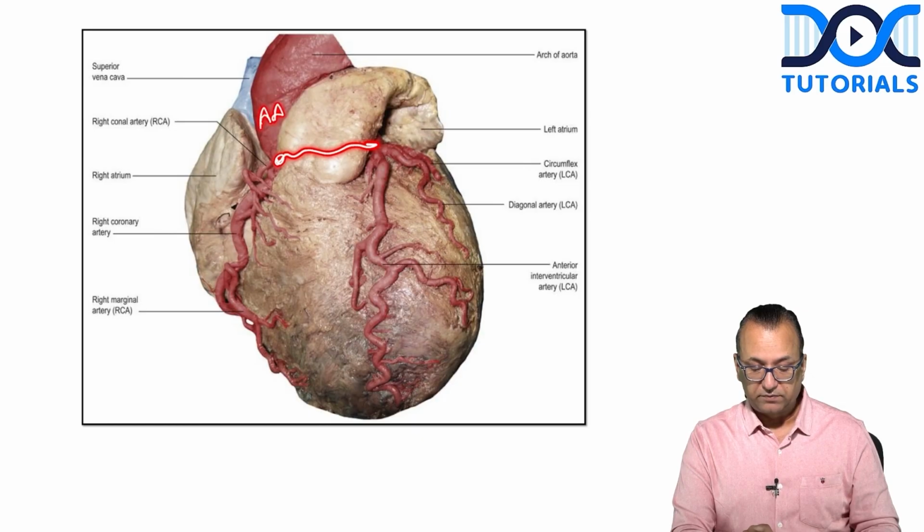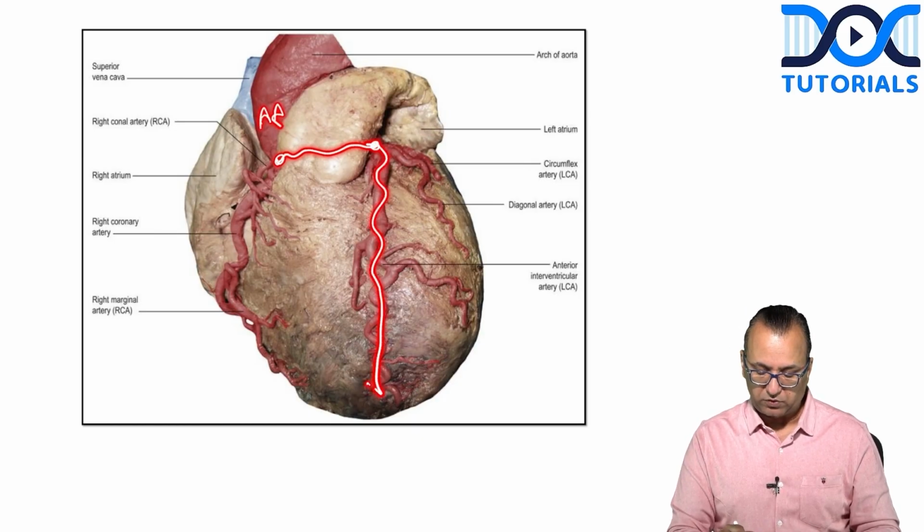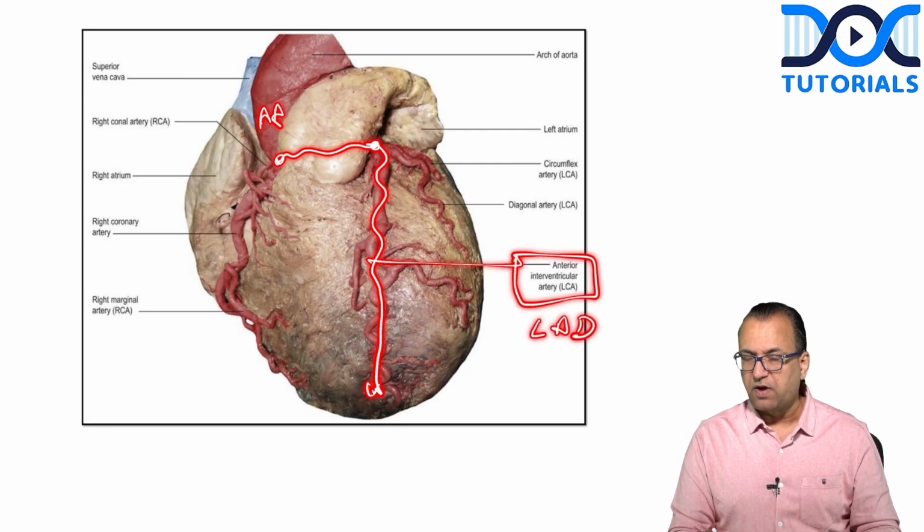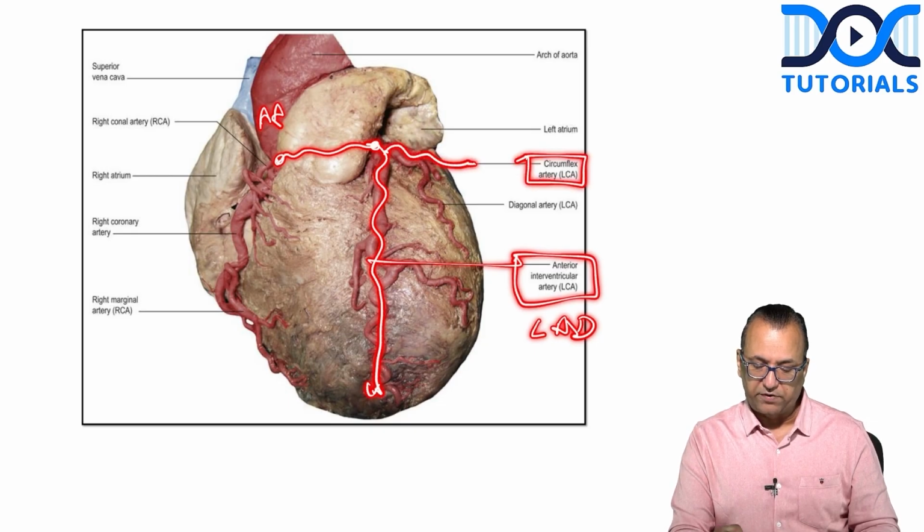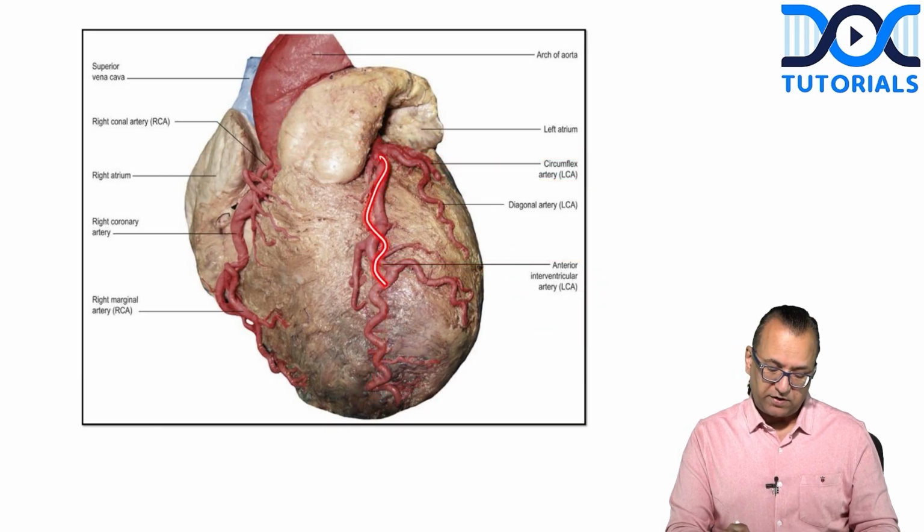If you remove the pulmonary trunk, then you can see the course of the left coronary artery coming from the ascending aorta. The left coronary artery itself gives two branches, one going down, called the anterior interventricular artery or left anterior descending artery, the one which was arrow marked in our question. The other one is the circumflex artery, continuation of the left coronary artery. The anterior interventricular artery supplies the apex of the heart.